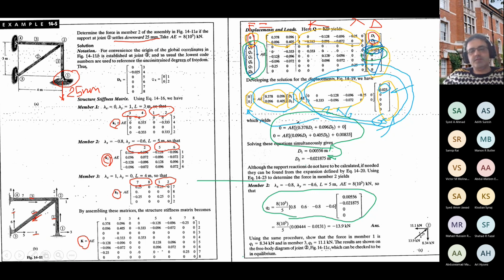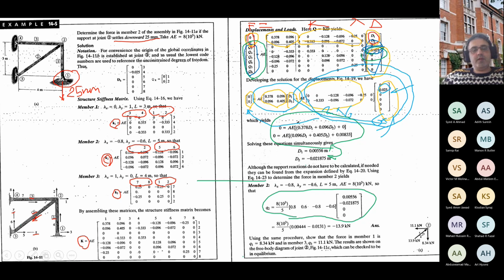There are different kinds of effects that this approach is able to take into consideration. The only effect that we went through is actually two effects. The concentrated loads on different joints is one kind of loading the structure, and the support settlement is another kind of effect that we went through, and how we can solve the structure based on these effects.